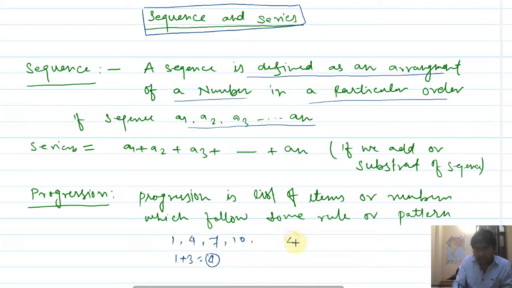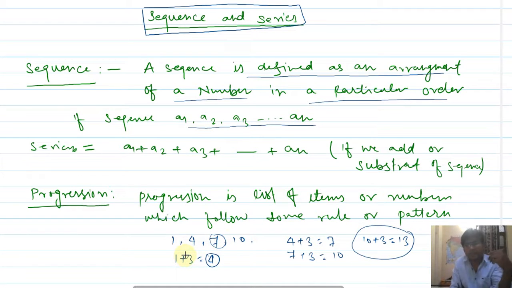If you add 4 plus 3, you get 7. If you add 7 plus 3, you get 10. So what is the next number? 10 plus 3, then you get 13. So what is the rule here? If you add 3 to every number, you get the next number. So this is a progression. I hope you understand.